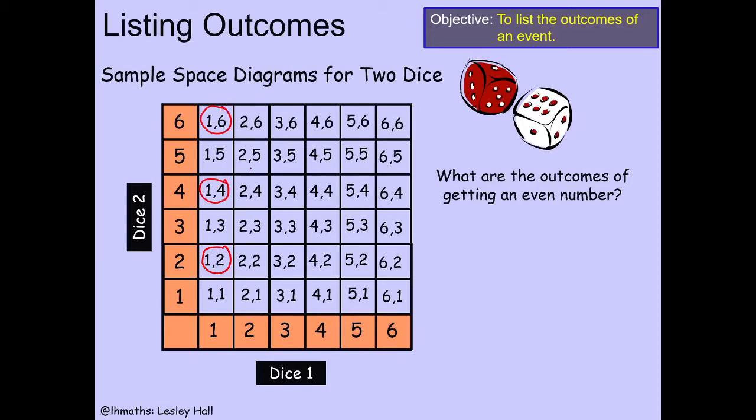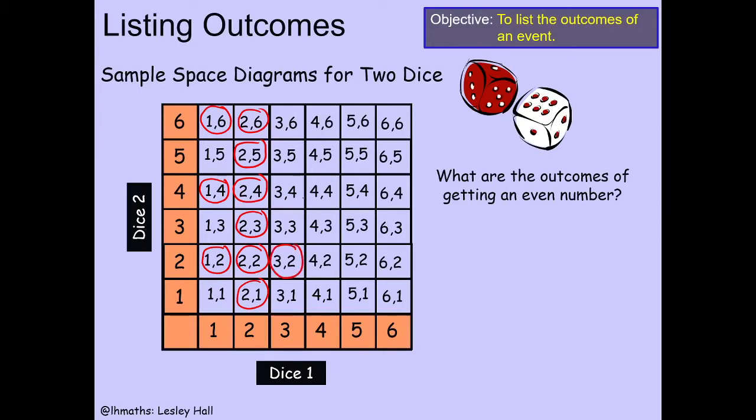What about in the second column? 2, 1. 2, 2. All of them, because now may even number. The question here is simply getting 1 or 2 even numbers. Pwede isa ka even number, pwede pa duha. And as long as there is an even number there, that is a possible outcome.